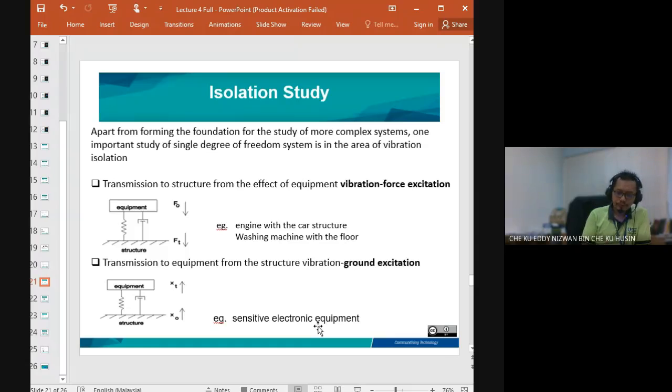If there is vibration from the body of the electronic equipment, you want to design something so that what is transmitted to the other components inside that equipment is minimal. That is why we study isolation. We want to isolate that system to ensure that it doesn't transmit to others, or if others vibrate, it doesn't transmit to the equipment.